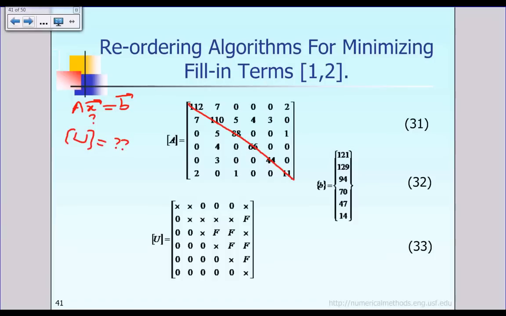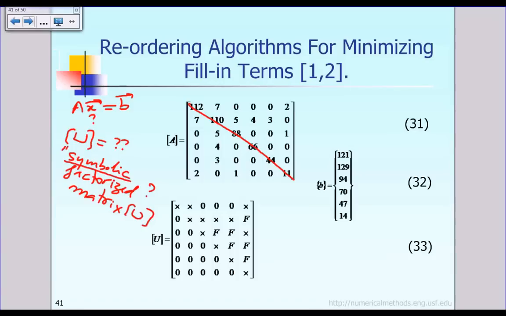Now, at this step, I just want to caution you, all we want to do is find out the symbolic factorization, factorized matrix U. How do we find out the symbolic factorized matrix U?